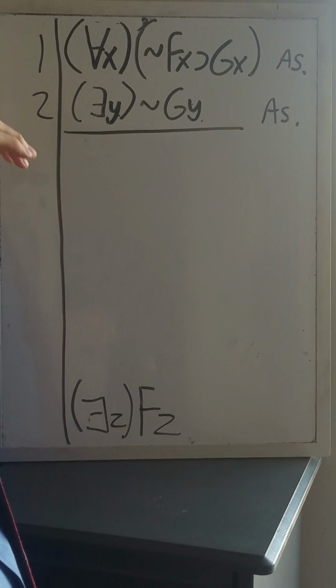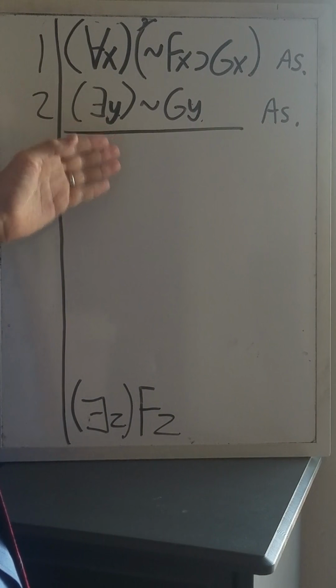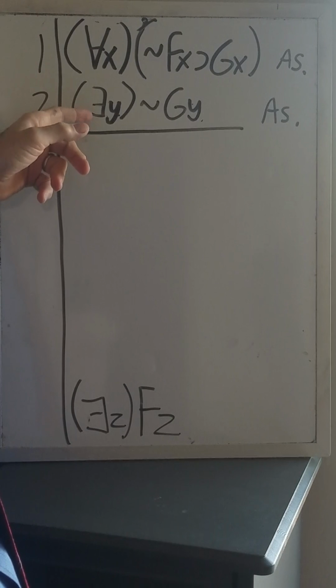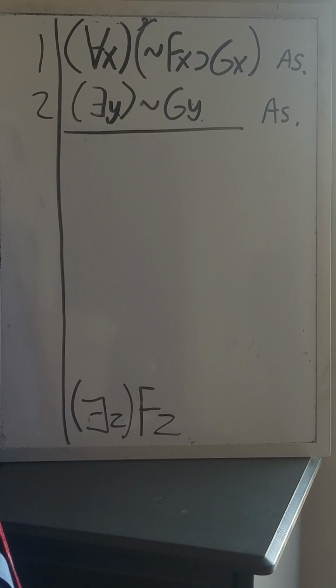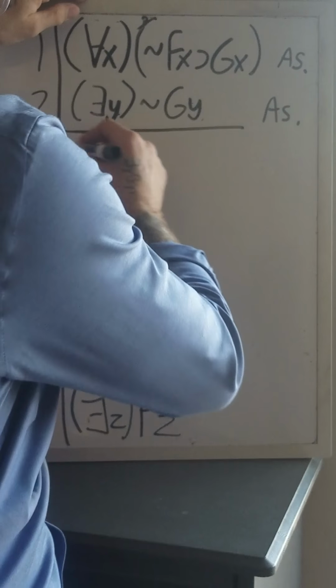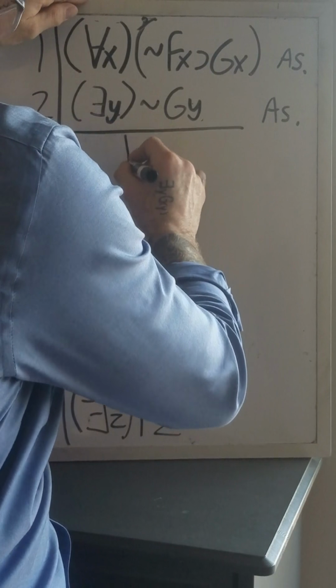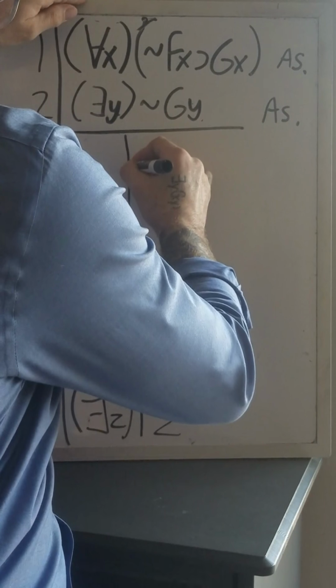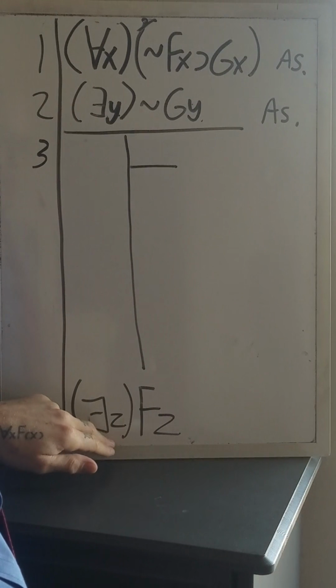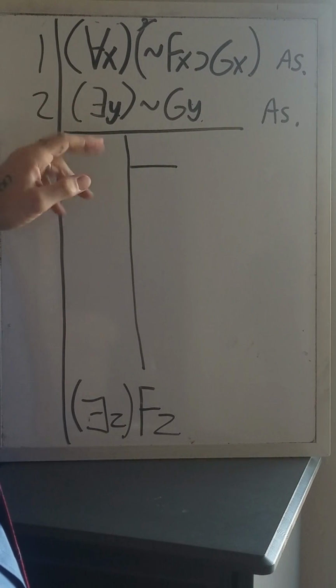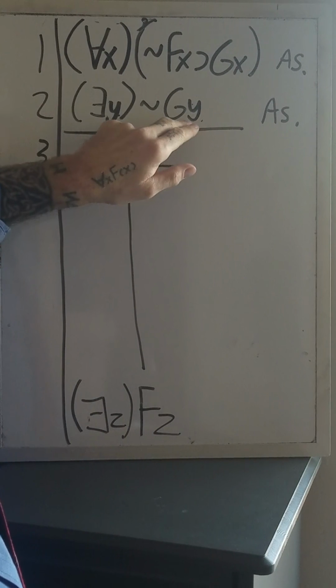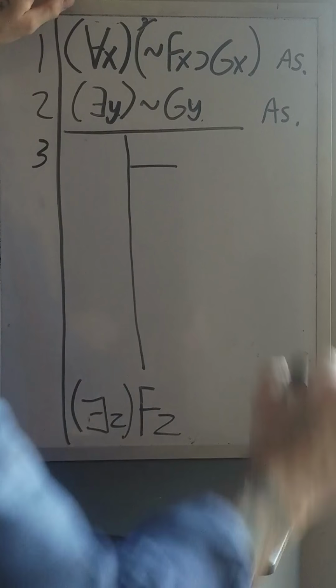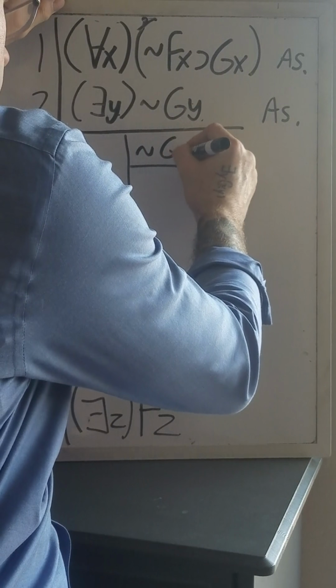So one thing about this right away is we're probably going to have to use existential elimination here, which is unfortunately kind of the hardest rule to use. But we can probably get this if we can replace this with a constant, right, and have not GA.